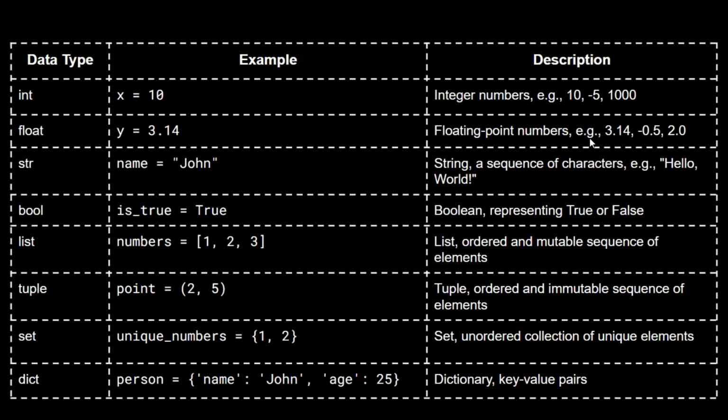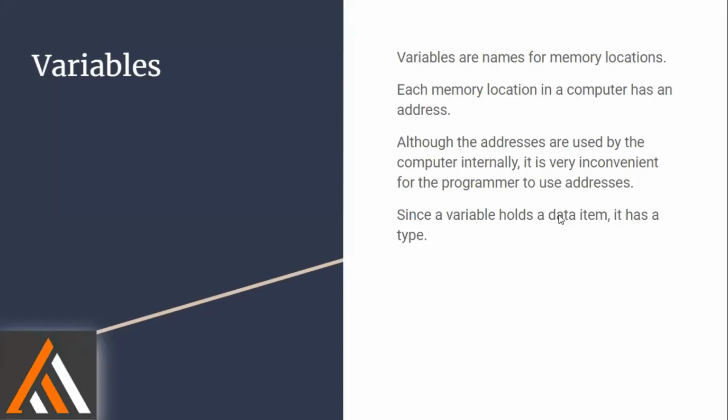Now let's go ahead with another topic, that is variables. So variables are named locations for memory. Now everyone has to understand, we need to go a little deeper into the memory of the computer that is used while executing a program. So whenever a computer is executing a program, it needs some set of memory to work on.